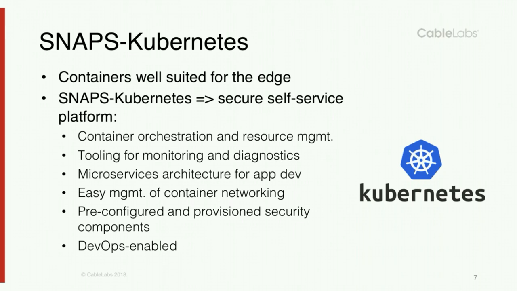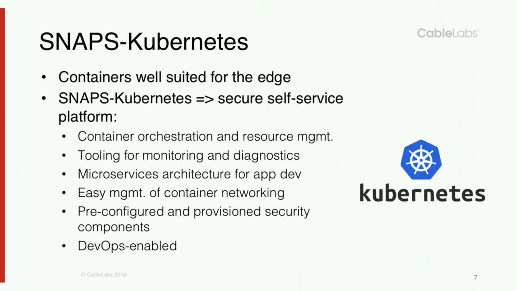All the NFV-centric hardware acceleration features that you might expect are supported, like CPU pinning, huge page support, pod node affinity, anti-affinity, and availability zones. And finally, there's other infrastructure support like authentication, role-based access control, support for logging and diagnostics, and additional monitoring for CPU, memory, and network usage. So that's SNAPS-Kubernetes in a nutshell.